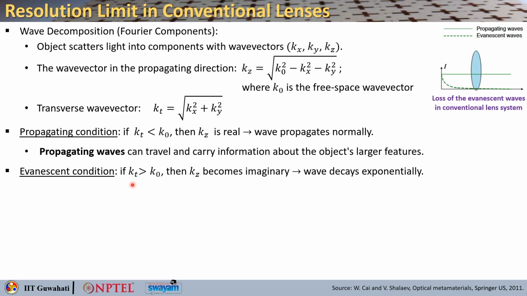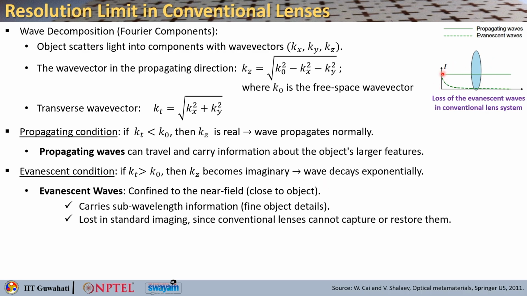But if you look into the evanescent condition, that is where kt is greater than k naught. That means the transverse wave vector is larger than the free space wave vector k naught, and in that case your kz becomes imaginary, and that is where the wave cannot propagate, rather it decays exponentially, and this is where the information of the sub wavelength features gets lost.